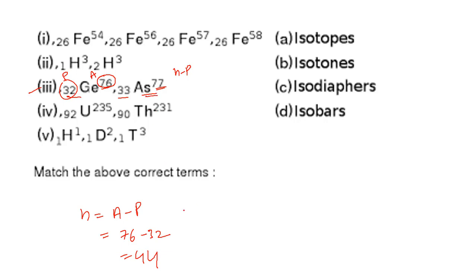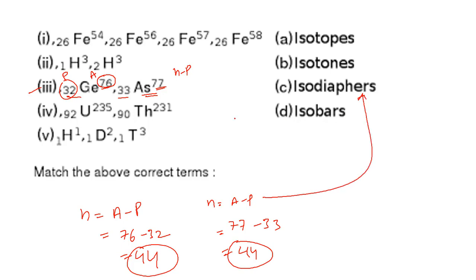In the second case, arsenic, N equals A minus P. Atomic mass 77 minus number of protons 33, total 44. So N minus P is the same. N minus P same means isodiaphers. Isotones, right? So it is the C option. Already this is the A option, it is D, C. Next.